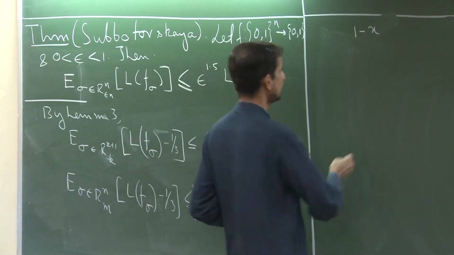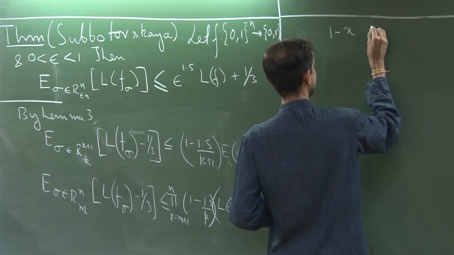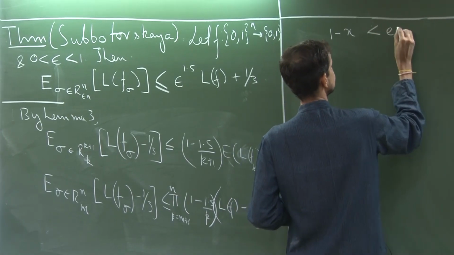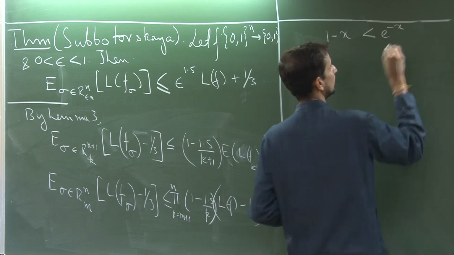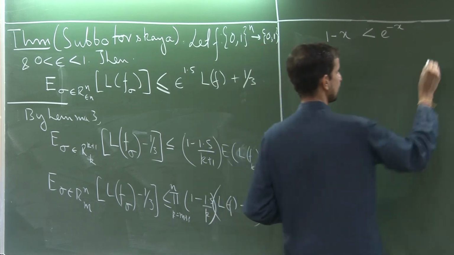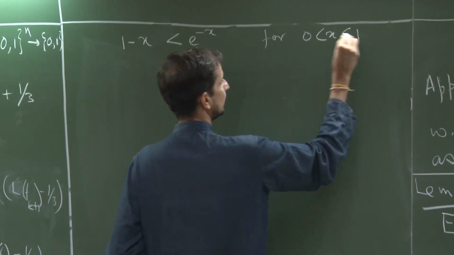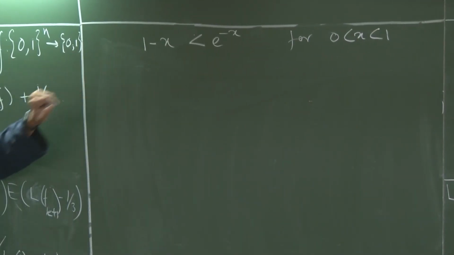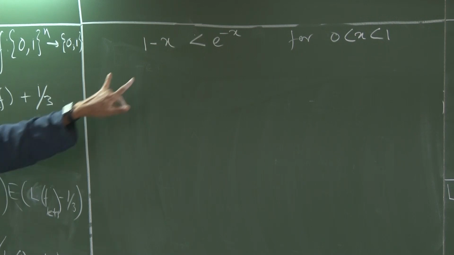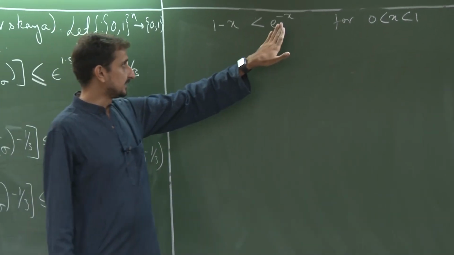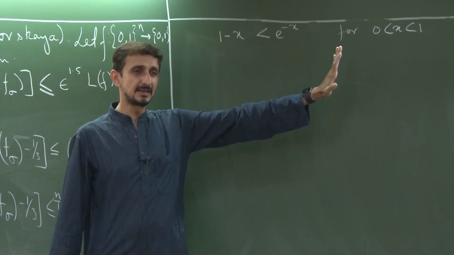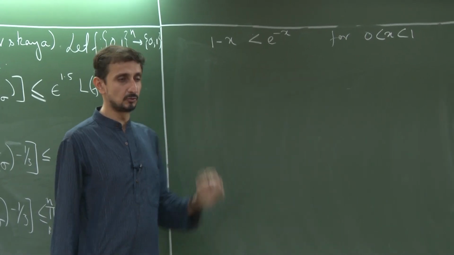Basically what I would use is the inequality 1 minus x is less than e to the power minus x, for x between 0 and 1. This follows from Taylor's expansion. These are the first two terms of the Taylor expansion of e to the power minus x, everything else can be shown to be positive.